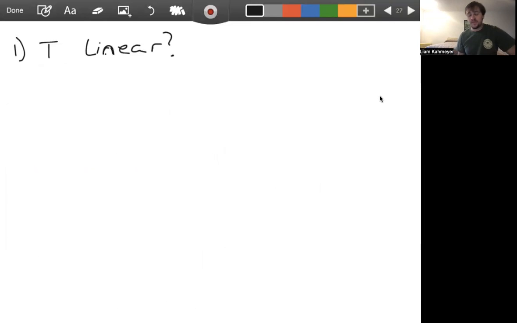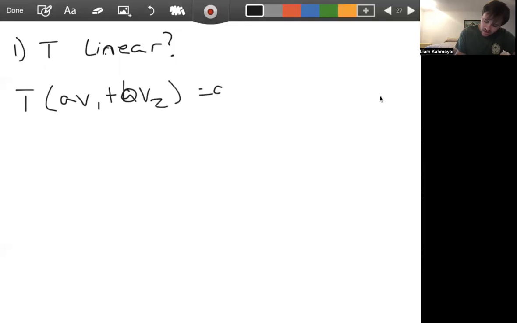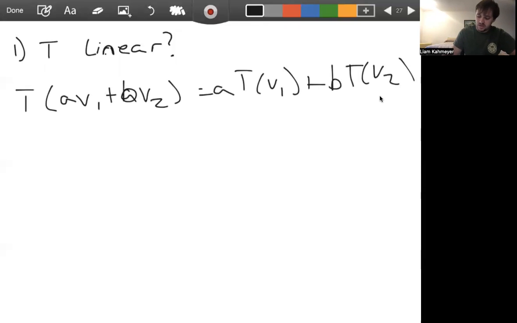What does it mean to show something's linear, right? Well, to show that a transformation is linear, we have to show that T of A V1 plus B V2 is equal to A of T V1 plus B T V2, right? This is what we need to show. This is a want to show.